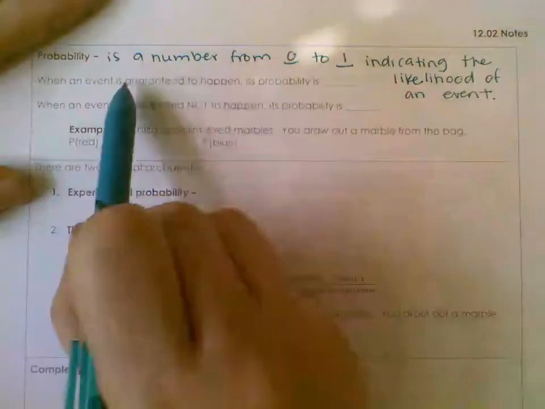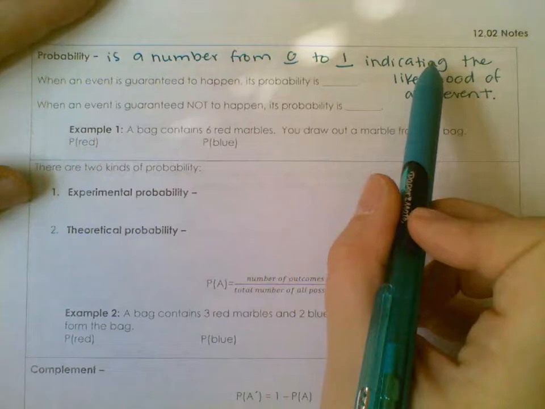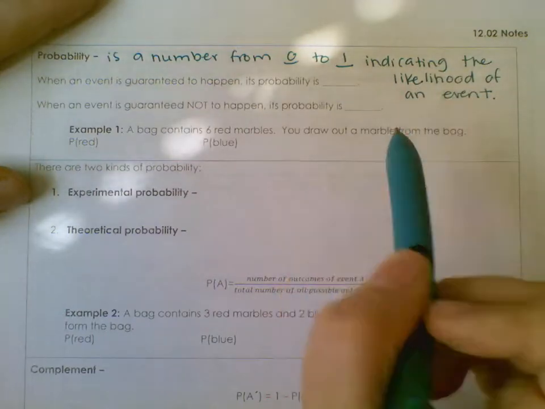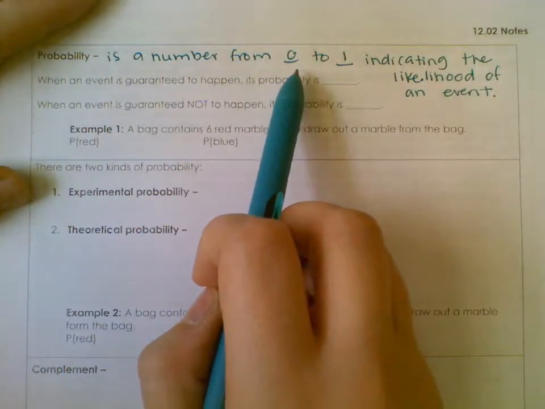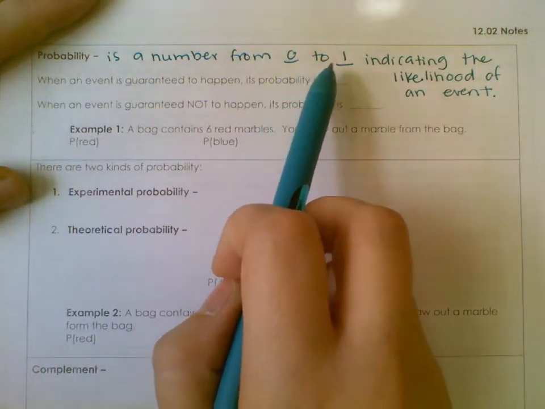What is the chance that an event is going to happen? So your answer is always going to be a number from 0 to 1.